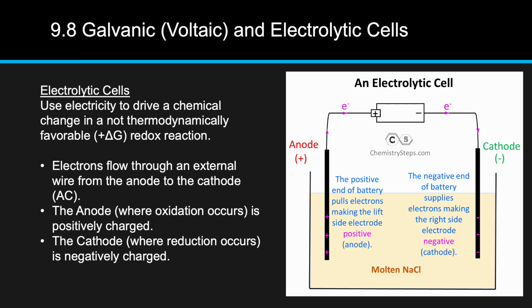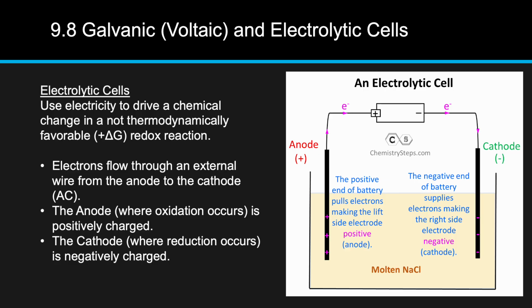All right, now let's move on to electrolytic cells. So we know that electrolytic cells are going to have a solution that has a positive delta G, meaning it's a redox reaction that is not spontaneous. It's going to need a surge of energy in order to kickstart that reaction to actually form those products of the redox.